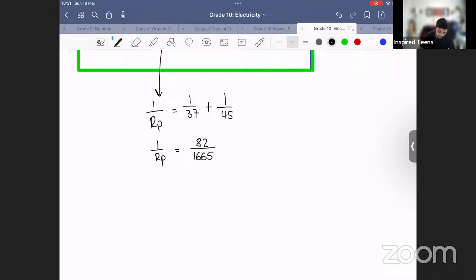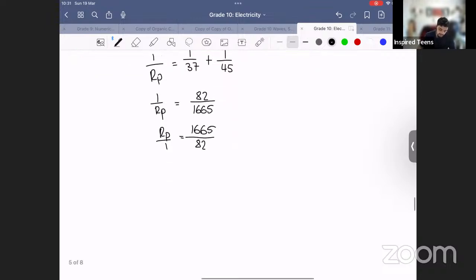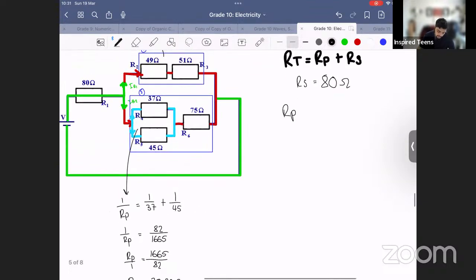Now, if I want to get RP, I flip it, RP over 1 would be equal to 1665 over 82, all right? Remember that. So I put it in my calculator. I'm going to get an answer of that parallel connection having an effective resistance of 20,3 ohms.